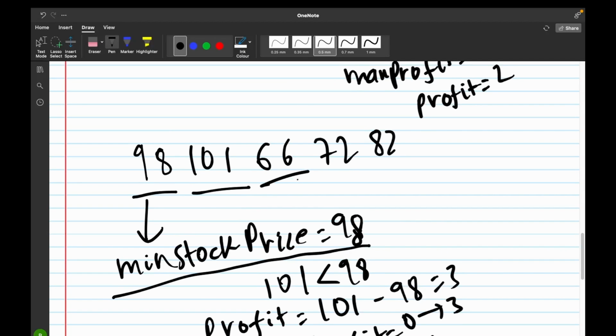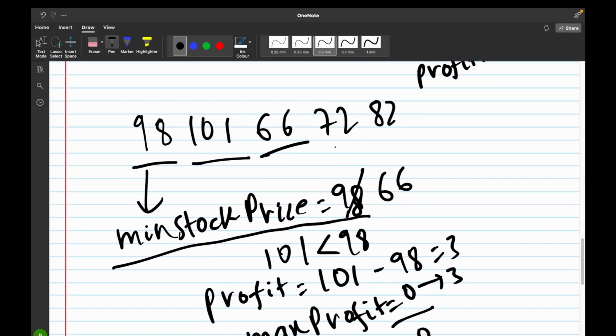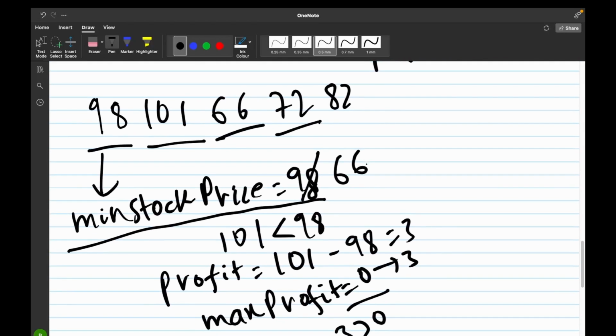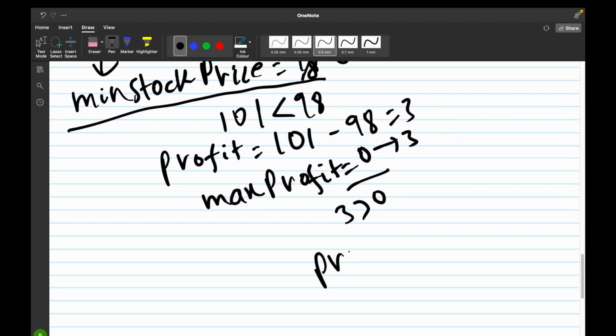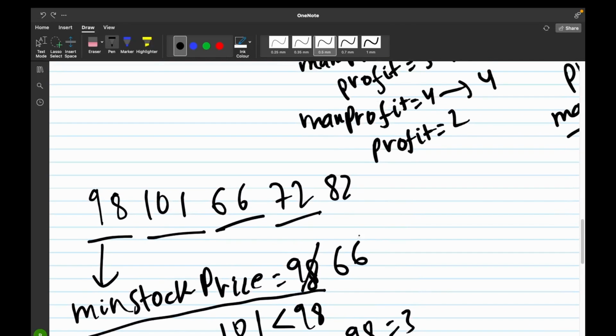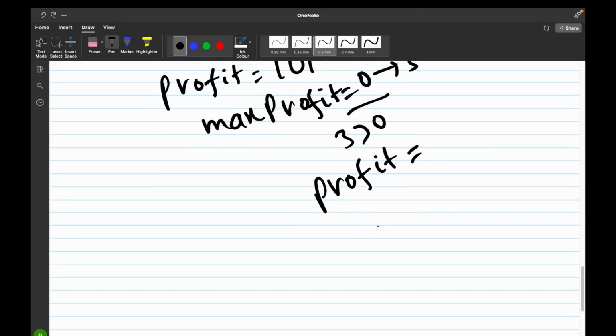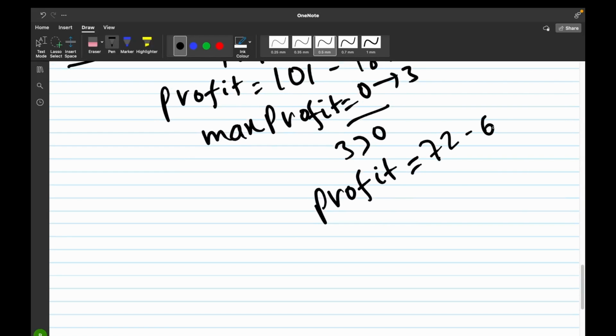Now we go to the next element. Is it lesser than the minimum stock price? Yes, it is lesser than the minimum stock price. So minimum stock price gets updated from 98 to 66. Now we go to the next element. Is it lesser than the minimum stock price? No, it is not. So now we store the difference of it and the minimum stock price in profit.